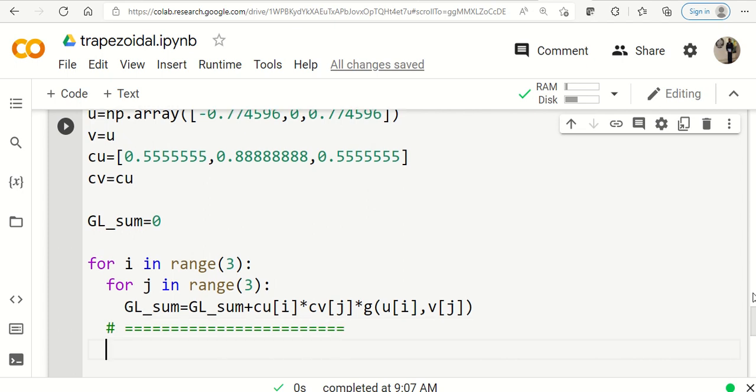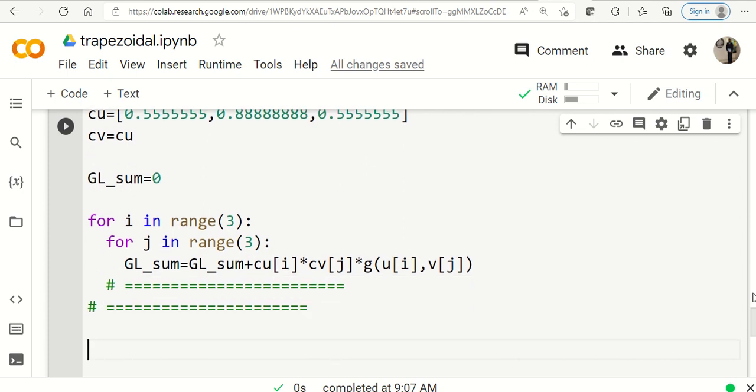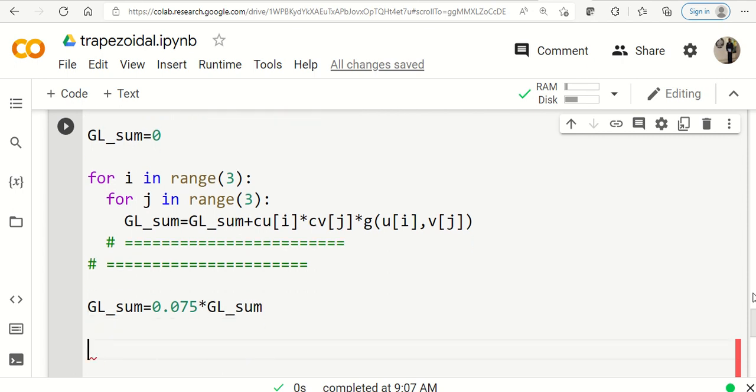This is the end of the inner loop, and there is the end of the outer loop. Then multiply by the constant 0.075 times the GL sum, and print the value of the GL sum.